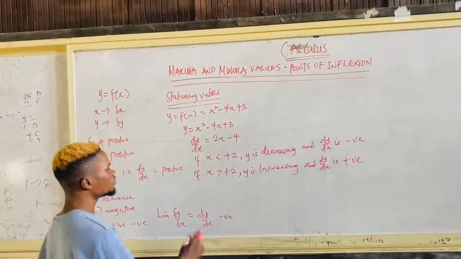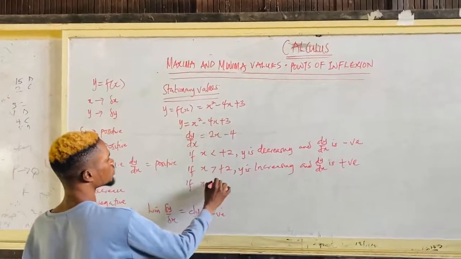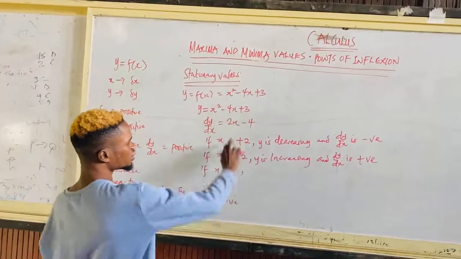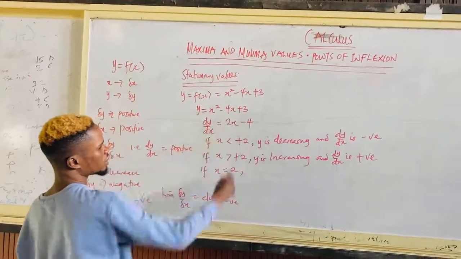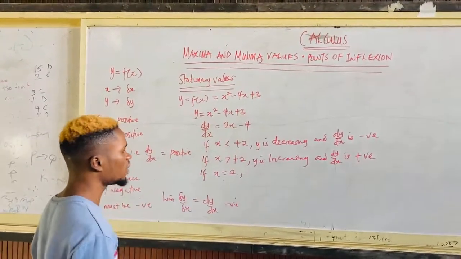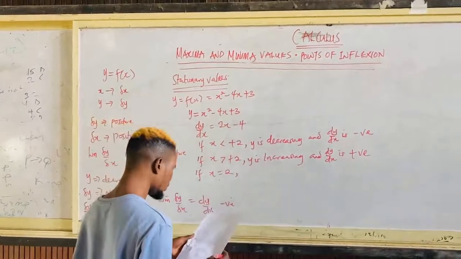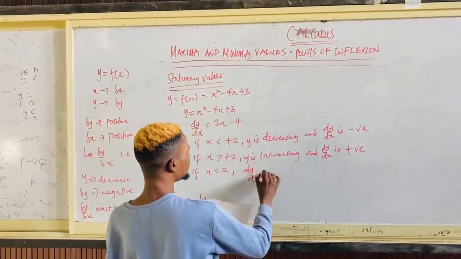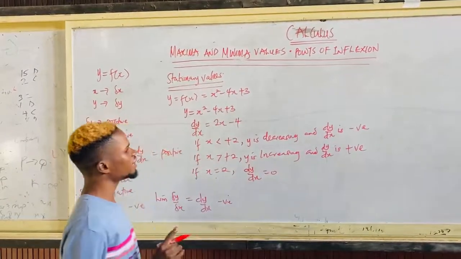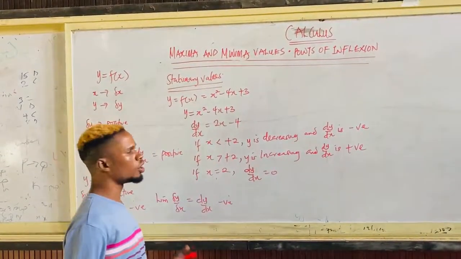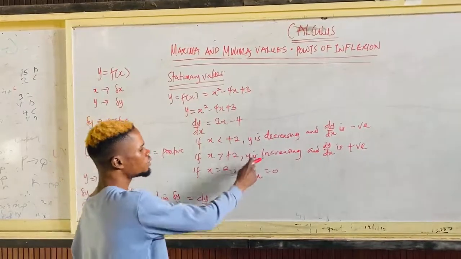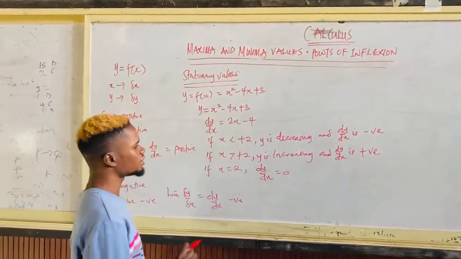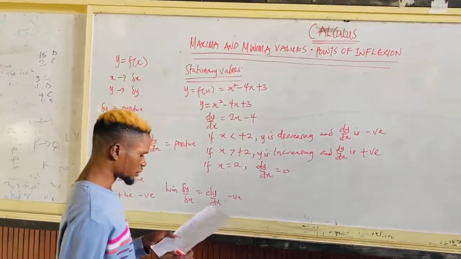But if I take a value of x which is equal to 2, that's 2 times 2, that's 4. 4 minus 4 is what? 0. That implies that dy dx is 0. So dy dx is neither increasing nor decreasing, because the value when x is equal to 2 is 0.